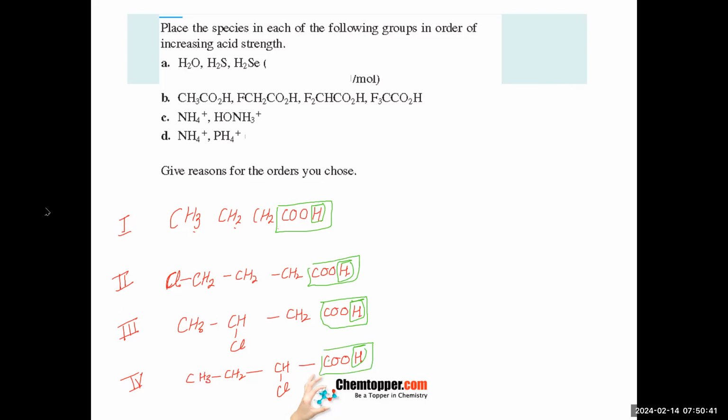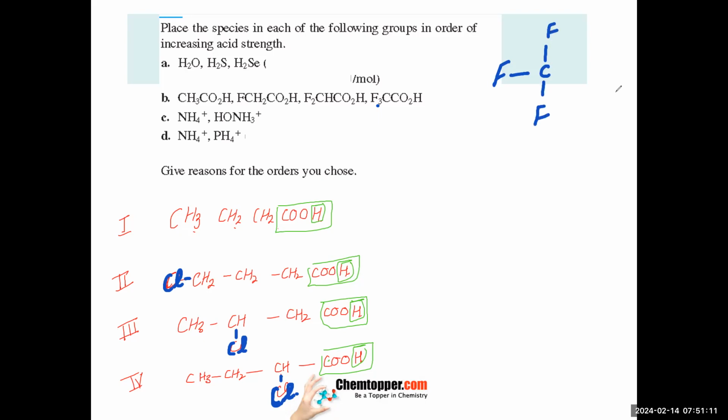The change is this chlorine, which is moving like this. Remember when we were discussing these three fluorines, I said it is operating through bonds.